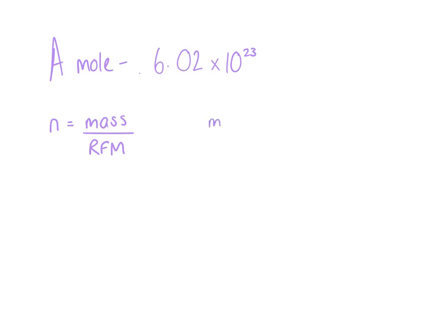And then if we were asked to calculate the mass of a substance, we can rearrange that equation to get mass equals N times RFM. So mass is the number of moles multiplied by the RFM. And we need to remember that when we're using mass in these equations, the mass always needs to be used in grams, or if we use the mass equals N times RFM equation, that gives us our mass value in grams.